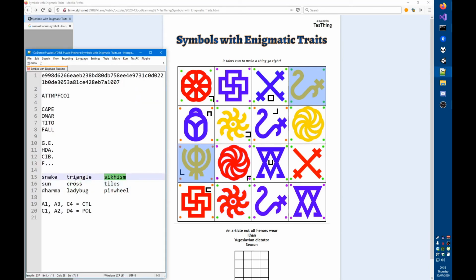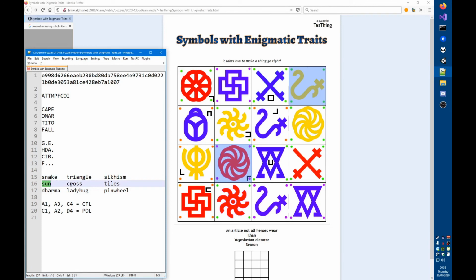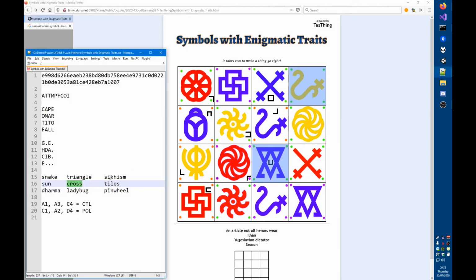Sikhism, snake, triangle. We don't have that in yellow. Snake and pinwheel requires cross. That one? No, cross. I said cross. Right, but still, dots don't work. Okay. We have snake and triangle. So we require Sikhism.